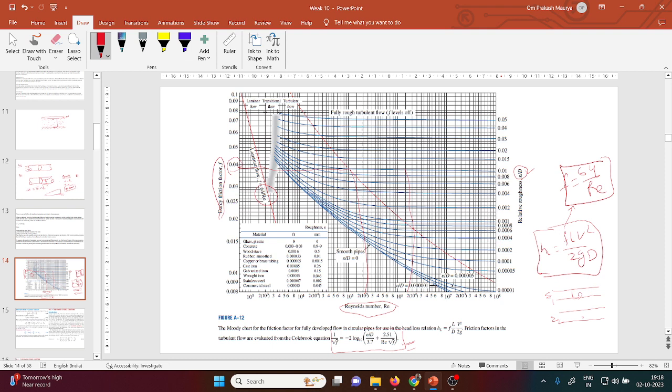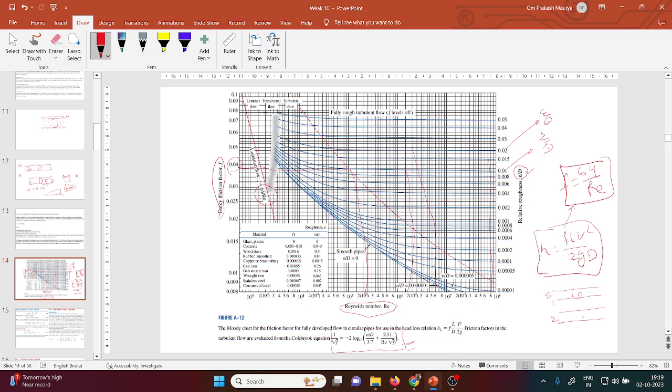Let's say we are using a material of this relative roughness, e by D. If the Reynolds number is 10 to the power 8, or let's say 10 to the power 6, there is no meaning of the Reynolds number when you calculate these things, because you are in the straight region. So this is a very important thing.